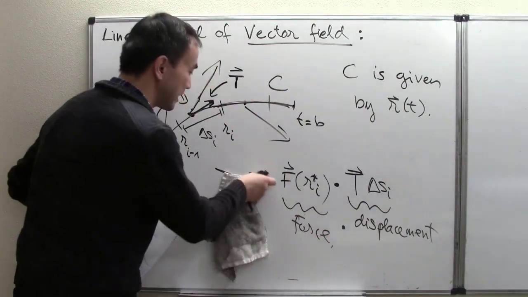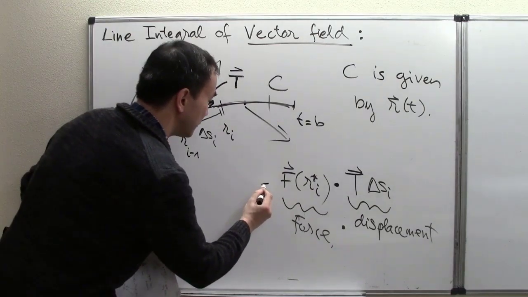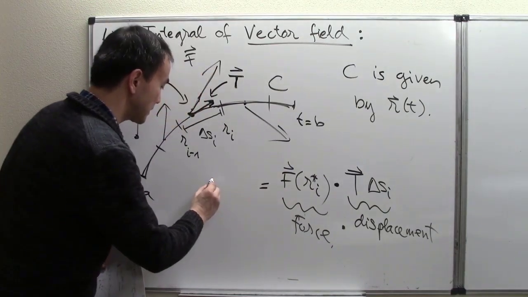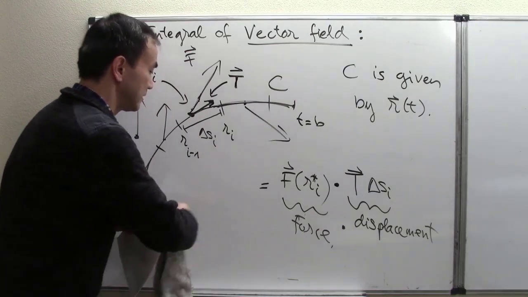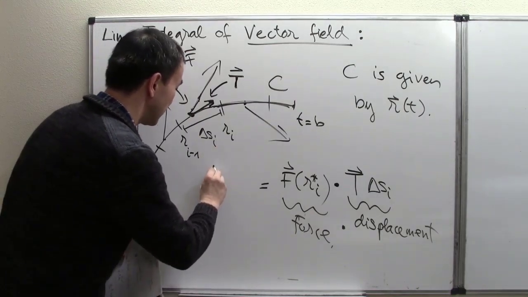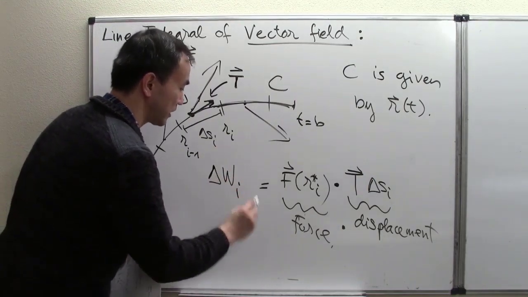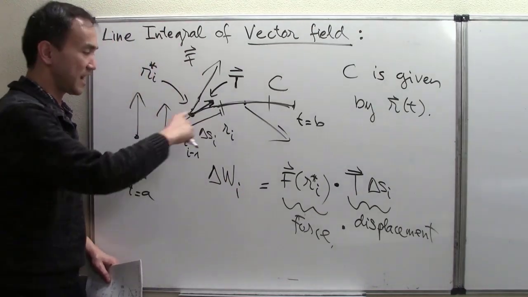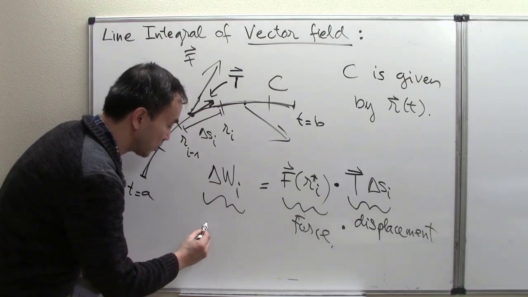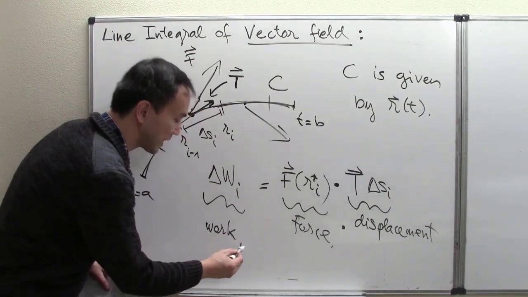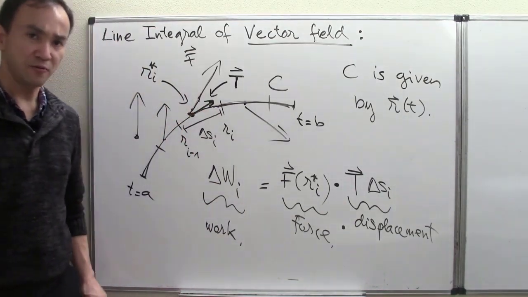What we're having here will become a small amount of work, the work done in the ith subinterval. So this part right here is work. That's one application of that.